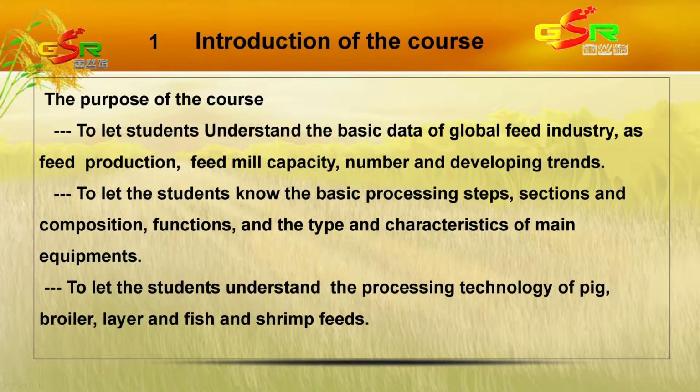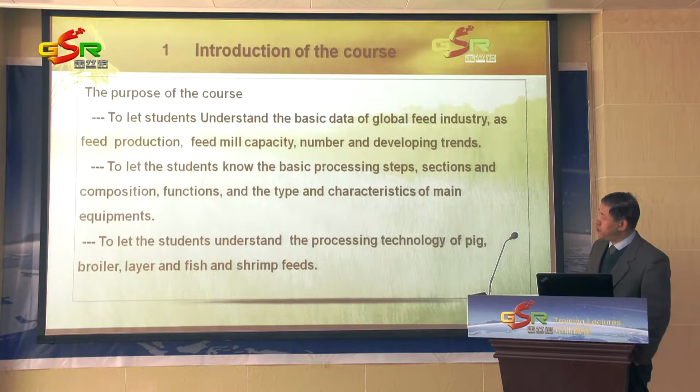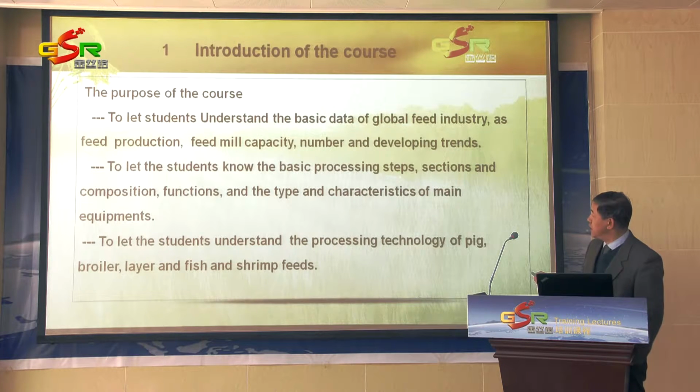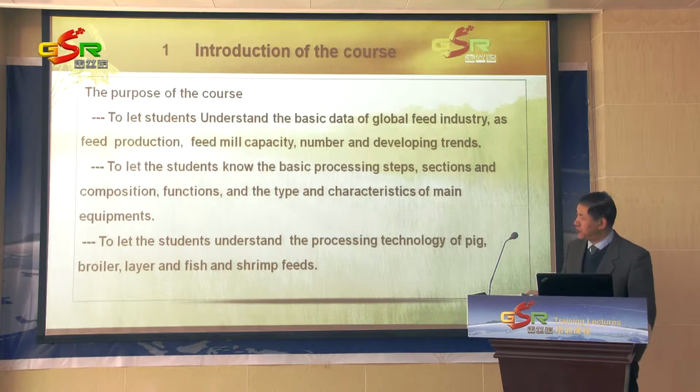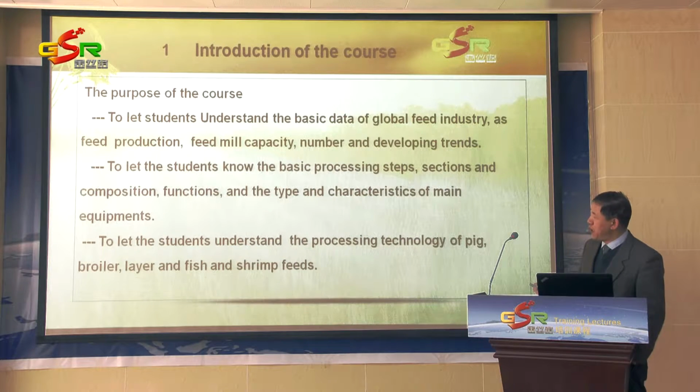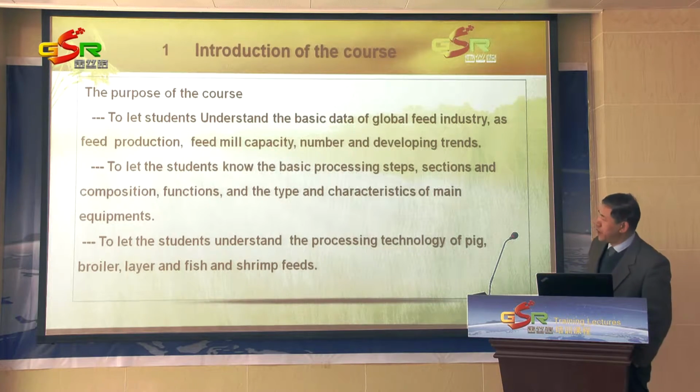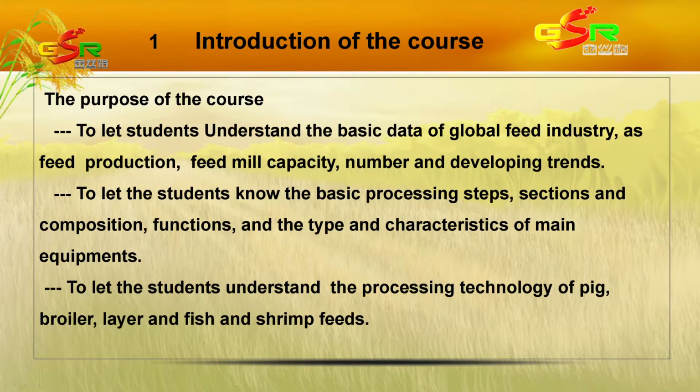The second purpose is to let the students know the basic processing steps, sections, and the combination of the sections and their functions, and the type and characteristics of main equipment.